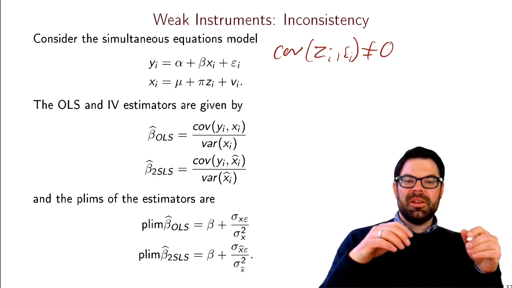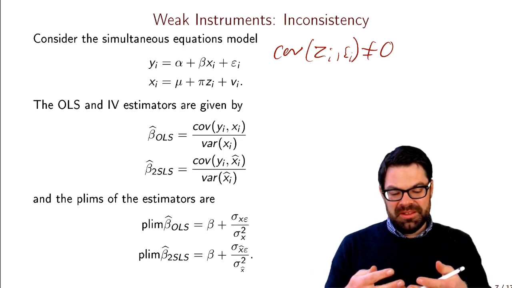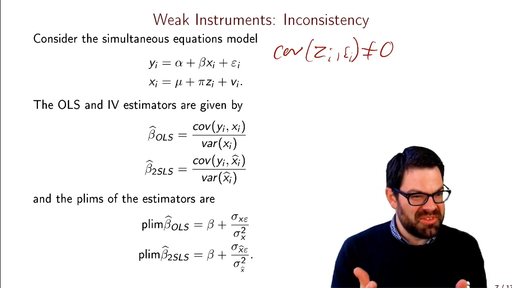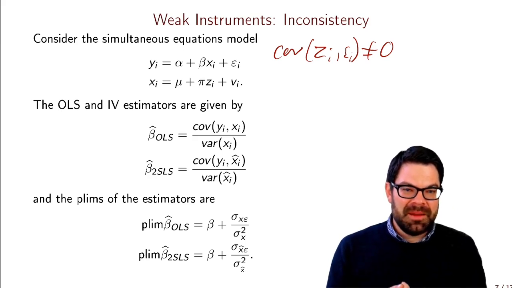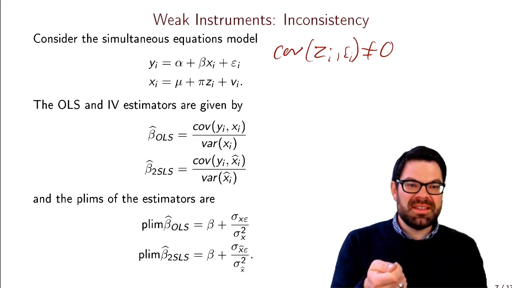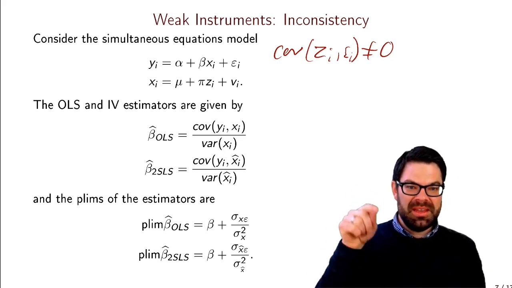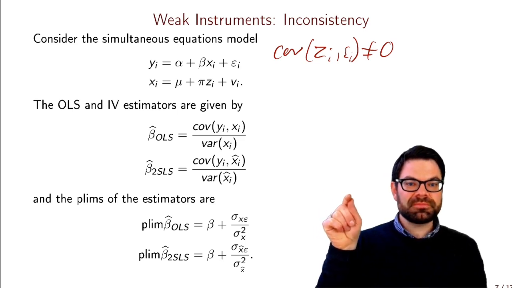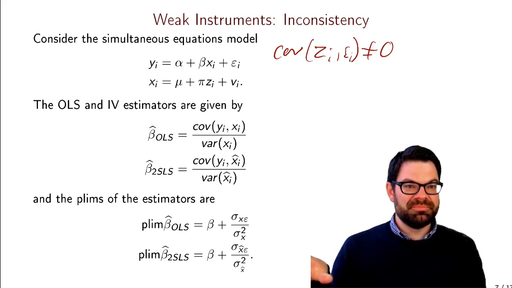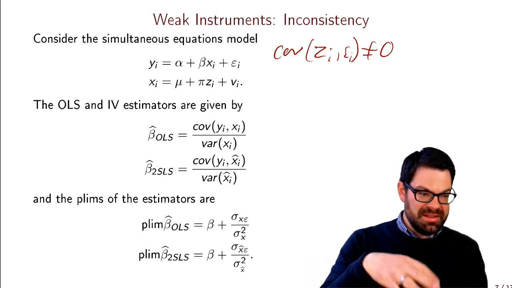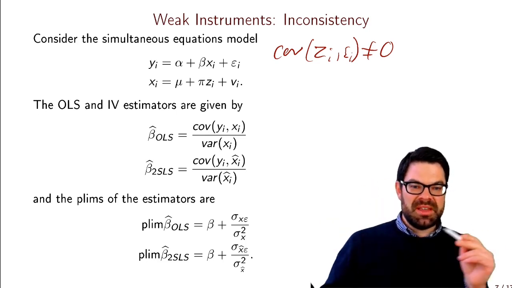And there are obvious cases where it doesn't hold, but there are many cases where you say, well, it most likely holds, but there could be this small probability that it doesn't. The problem is, if you have weak instruments, then even that small correlation between the instrument and the error term can lead to a huge inconsistency of the estimator. Okay, so then the estimate that we're getting is very far from the true value, even if the sample size goes to infinity.